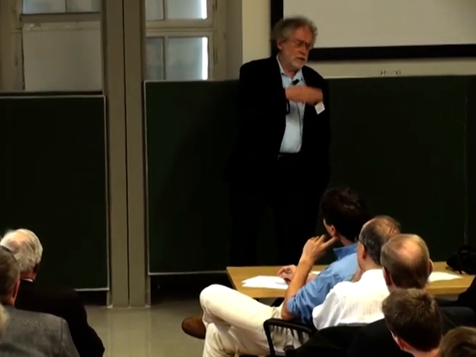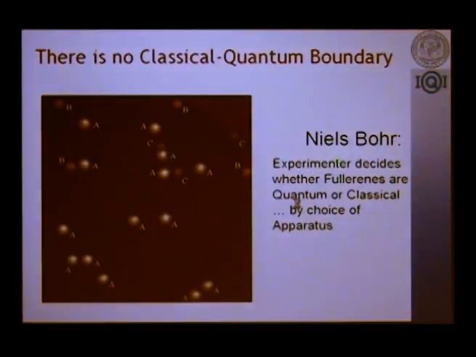The first person who said this, in my eyes, was Bohr in his discussions with Albert Einstein. There is no boundary, and it depends on you as an experimentalist whether a given system behaves quantum mechanically or classically. It is your choice of apparatus which determines whether the system is quantum mechanical. So there is no objectivity to being quantum or not.